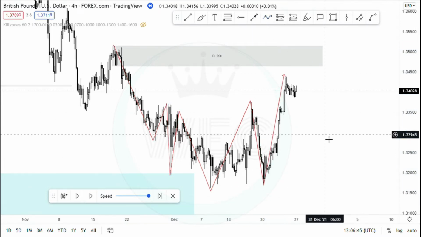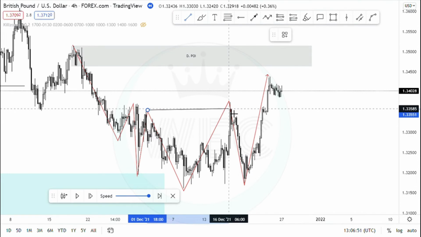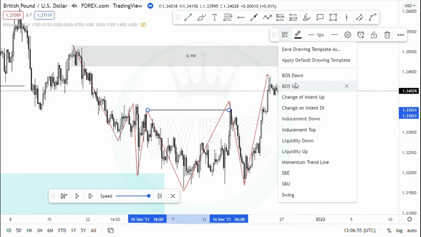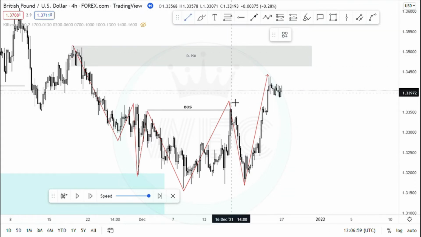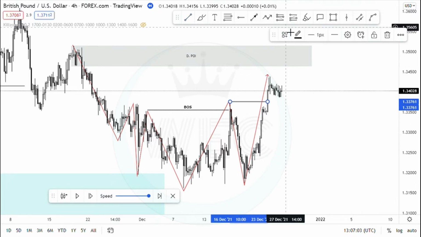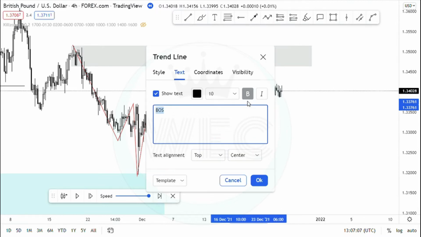So this is what the H4 did. It switched intent right here with that break of structure to the upside, and then we had a follow through break of structure in here. So let me just show that H4 BOS.